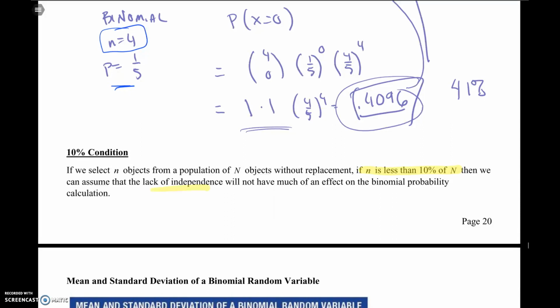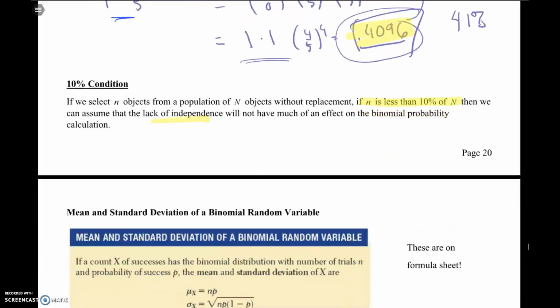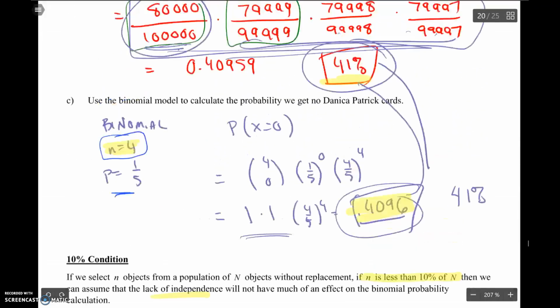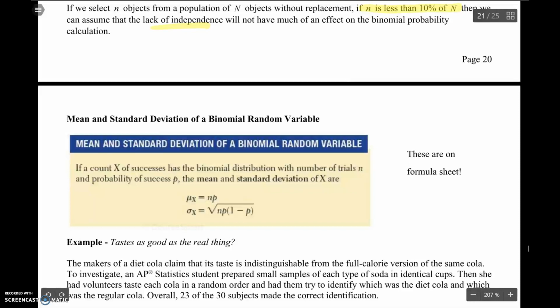In other words, if the number we pick from the population is less than 10% of the population, then our binomial probabilities are good estimates for the true probability. So we could use this if we want. I don't really have an example of it other than just talking about it.